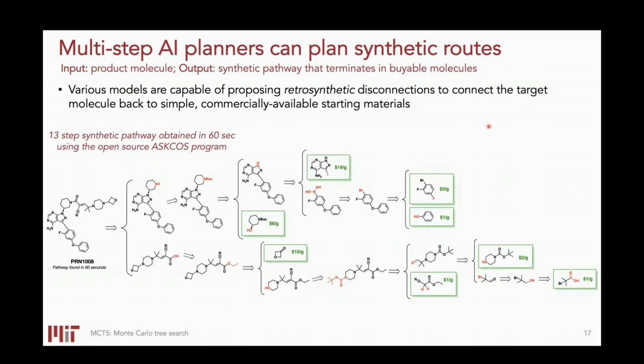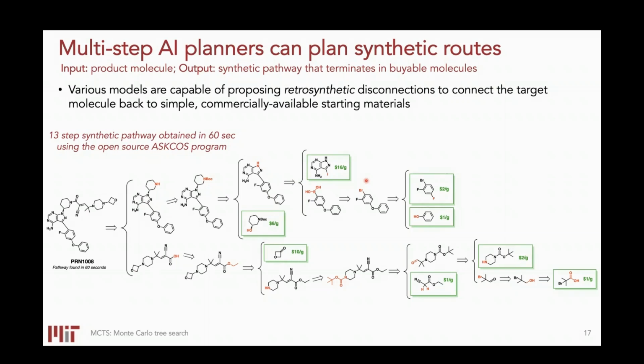But for any number of these one-step retrosynthetic models trained on the literature, we can start applying them recursively to the targets we want to make. And so we can apply them to a product that's been proposed either by a chemist or by a generative model, and we can get recommendations of how to make them in one step. Because we can't purchase those starting materials, we go further back and further back and further back.